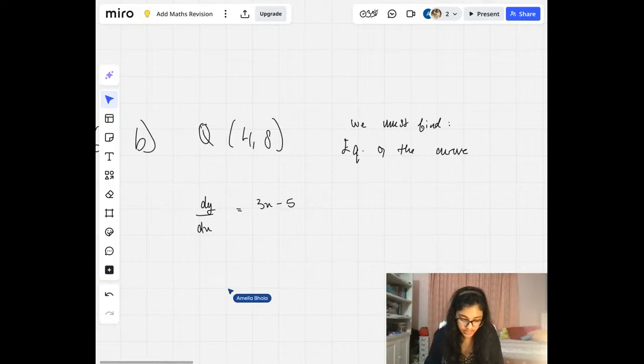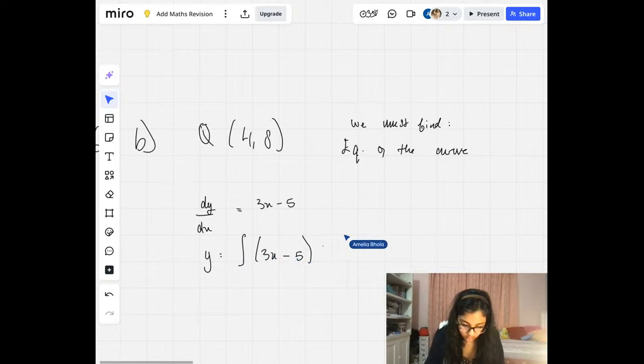So if I have dy dx, so I want to get y. So I'm basically going to get y, I'm going to integrate this. And this is an indefinite integral. So we should not ever forget the plus c.